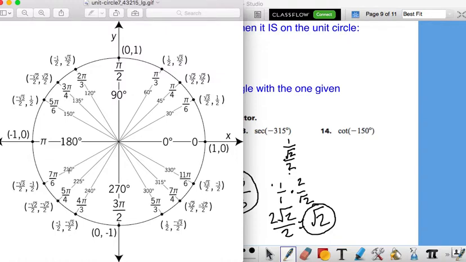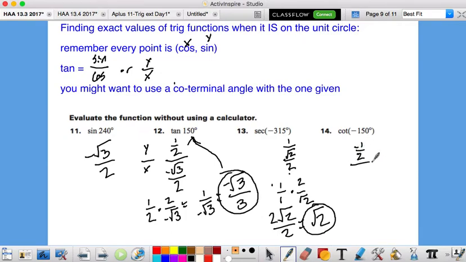Now, the tangent would be negative 1/2 over negative root 3 over 2. So we're going to have to do a little bit of algebra here. Let's do that part first, and then we'll go 1 over whatever we get. So negative 1/2 over negative square root of 3 over 2. This would be the tangent.